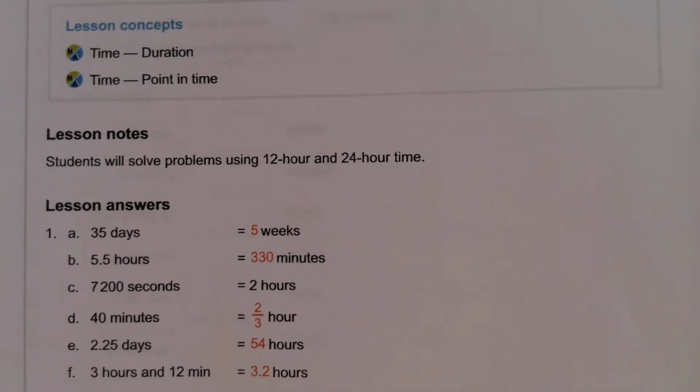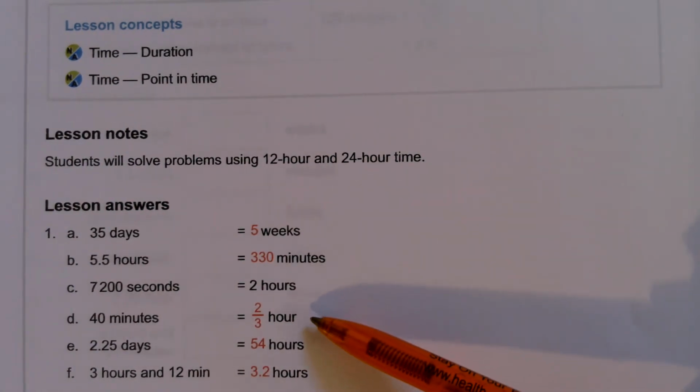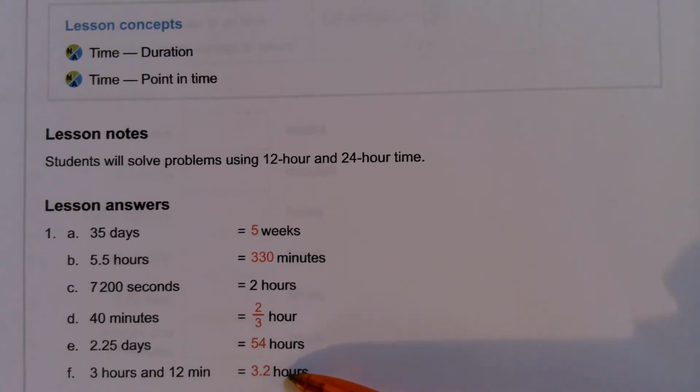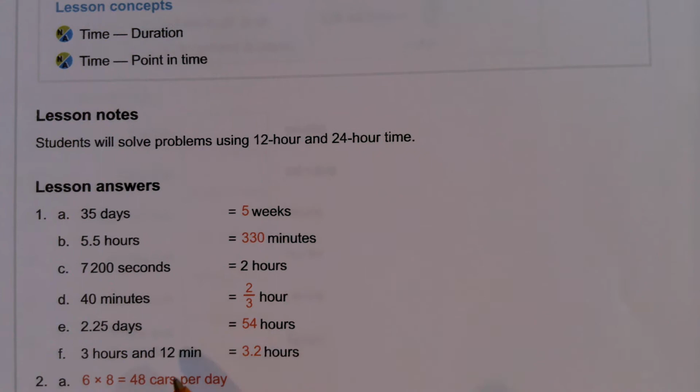How did you go? Well, these ones were a bit tricky where the answer was a fraction. Maybe you did a decimal. This one has a decimal. Remember, 0.2 hours is 2/10 of an hour. It's not 12 minutes. It's 2/10 of an hour. So 2/10 of 60 is 12.